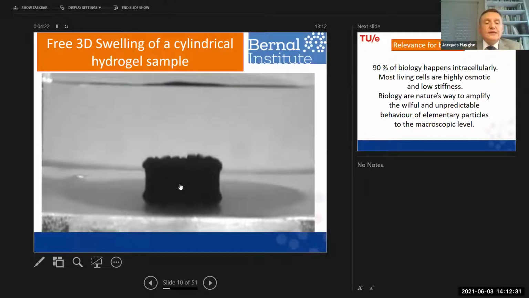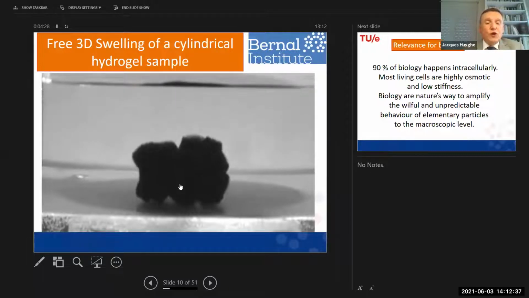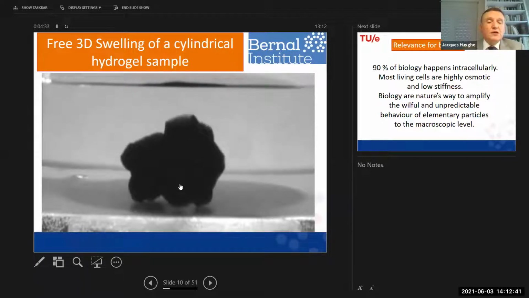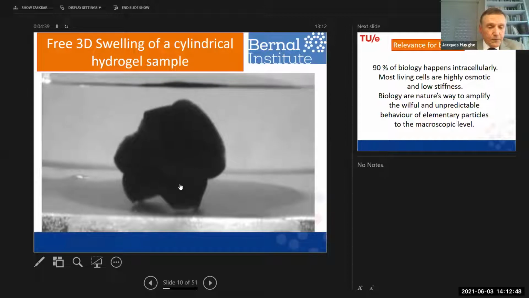And what happens is that it starts swelling. The swelling that we see gives rise to what is known as the cauliflower effect. So surface instabilities develop because the outer layer swells first and the inner layers swell later.